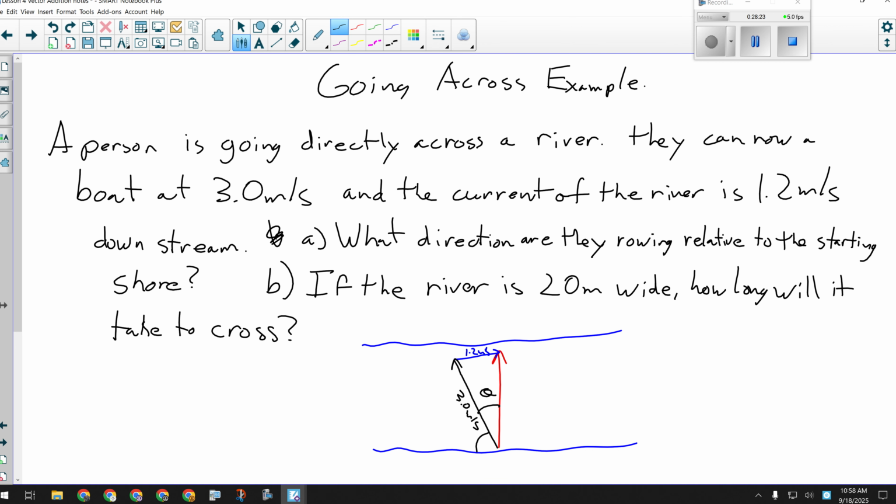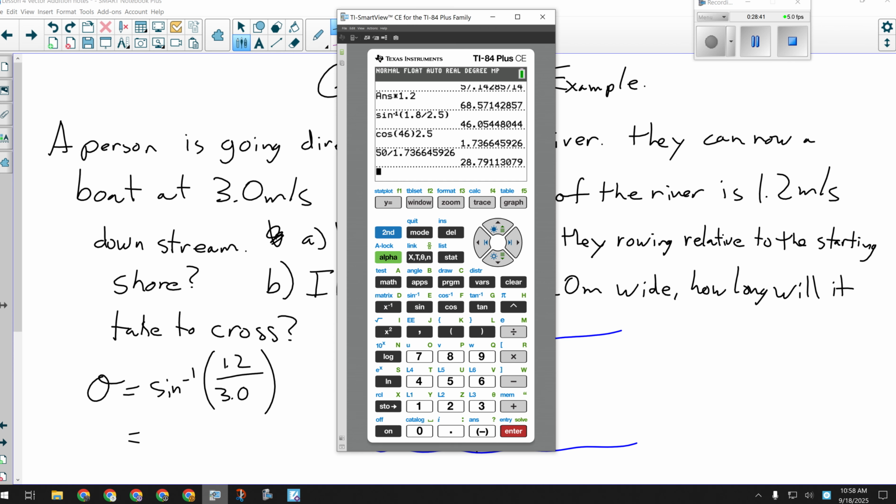All right, so let's find that angle. In this case, I have the opposite side and I have the hypotenuse, so I'm going to use sine for that. Sine to the minus 1 of 1.2 over 3.0. So second sine, 1.2 divided by 3.